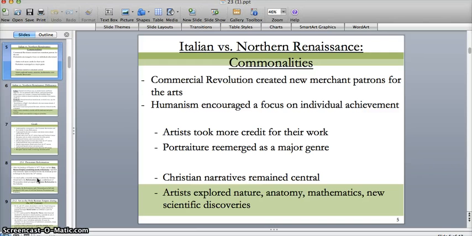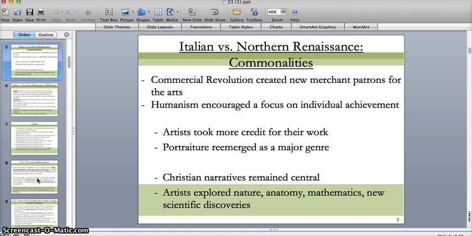Here we go. Italian versus Northern Renaissance. Here are the common features. Humanism is a recurring theme in both areas. This encouragement and focus on individual achievements. Artists take more credit for their work. We're seeing these artistic hotshots appear. They're signing their work.